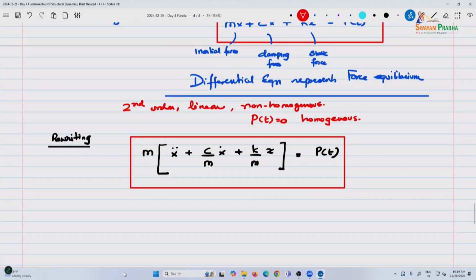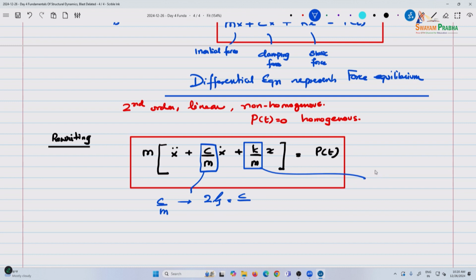Now here, let's redefine a couple of things. This term, c by m, let's say 2 xi, is nothing but c by... let me start with this one.